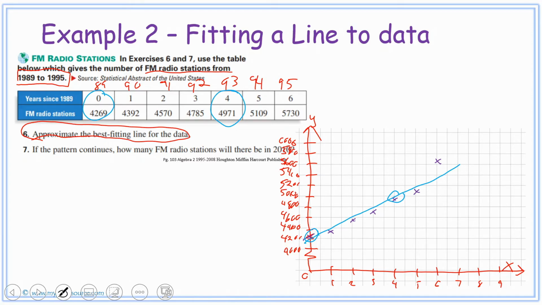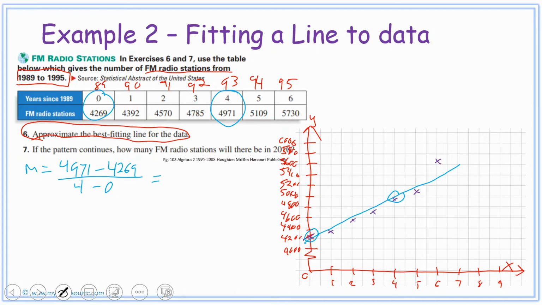So first we need to get an approximated slope. So we have m, and technically I could use the approximation sign there just to say that's the approximate slope, but we're going to use the equal sign in this case. So y2, our y represents the FM. So that's 4,971 subtract 4,269, all divided by 4, x2 subtract x1.